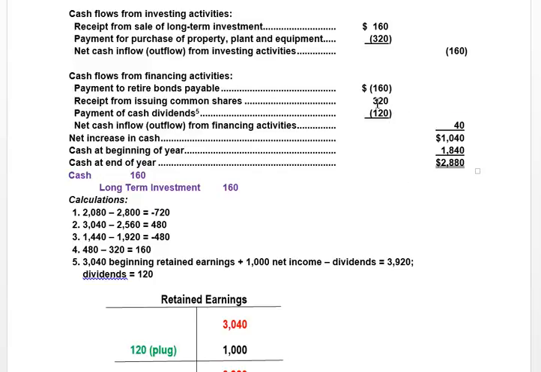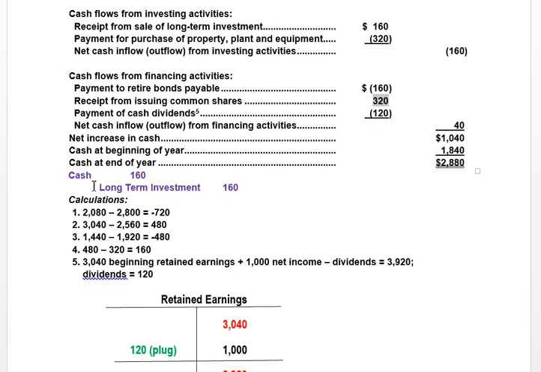We also know that we issued shares. How we know that is if we look at the common share account in our comparative balance sheet, we see it went from $2,720 to $3,040. That must mean that we issued shares, and when we issued those shares, we credited common shares and we would have debited cash to receive the money for the shares. That debit to cash represents a cash inflow from our financing activity.